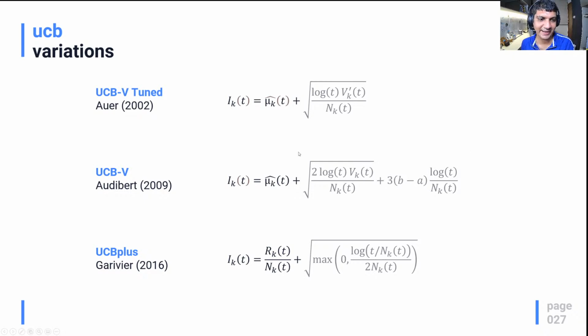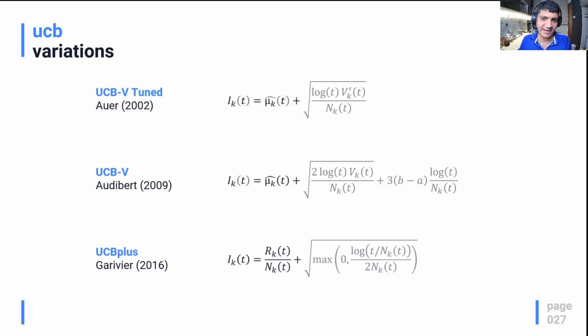This was further expanded by Audibert in 2009, where they added another term, and the more recent one said that you can set up a very quick threshold by picking either 0 or another equation that they have. All of these were driving towards the policy's theoretical lower limit. Now in practice, when you work with UCB tuned or UCB-V, which stands for variance, it becomes very convoluted to manage, especially if you have multiple choices.